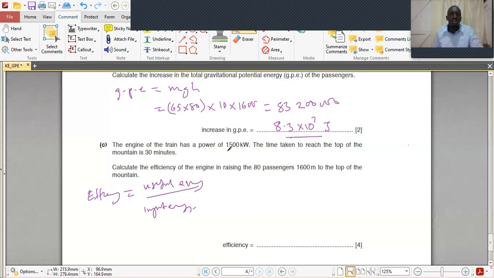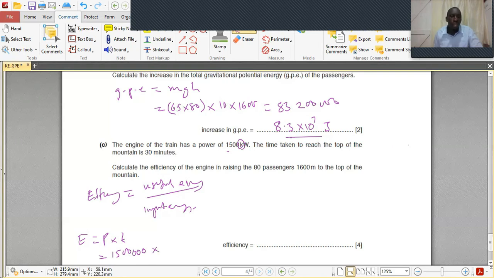The input energy, as we know, energy is defined as power times time. So power here is 1,500 kilowatts. Kilo here means 1,000, so that will be 3 zeros there. We multiply with the time, which is 30 minutes.